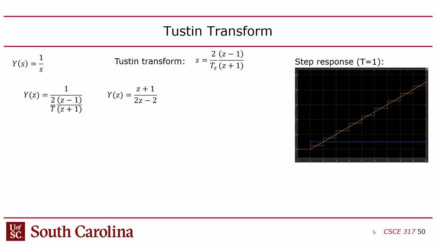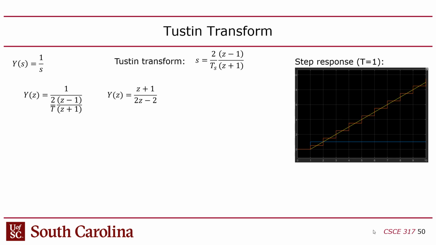Ts is the time step, which you have to pick, and which may also depend on your hardware. So the question is essentially how fast can the ESP32 execute this control law? That would be your time step.